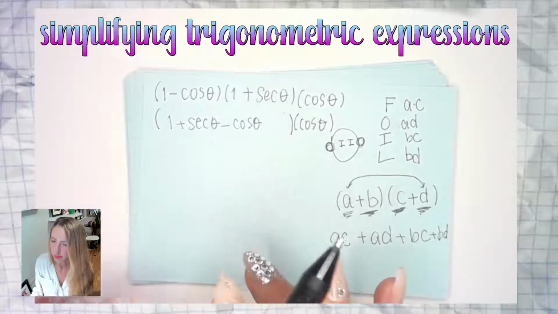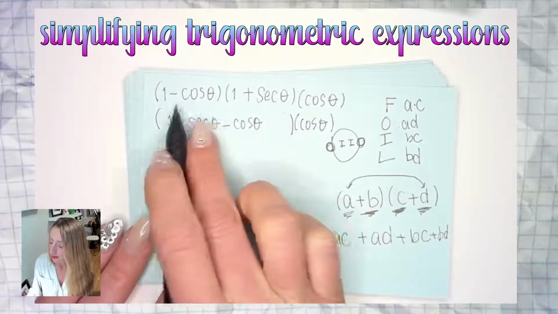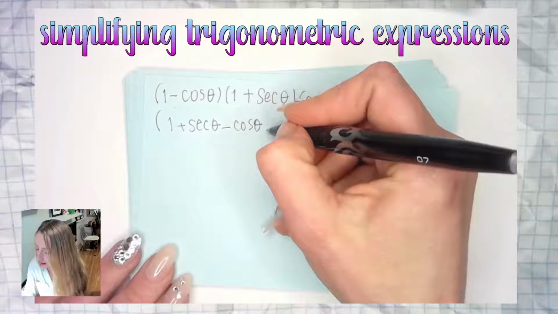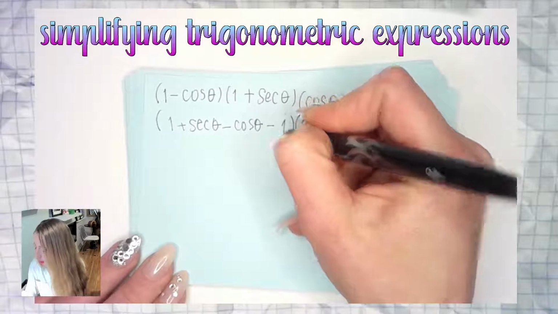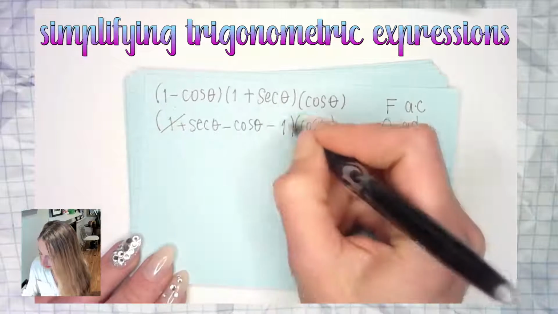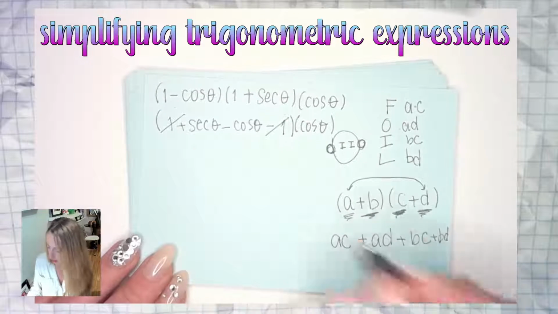Now, we're going to be smart about this. Secant is 1 over cosine. Cosine times 1 over cosine, anything times its reciprocal, turns into cosine over cosine, 1. And since it's a negative times a positive, it is negative 1. All right? Next step. Positive and negative 1 cancel out. Adios. 0.